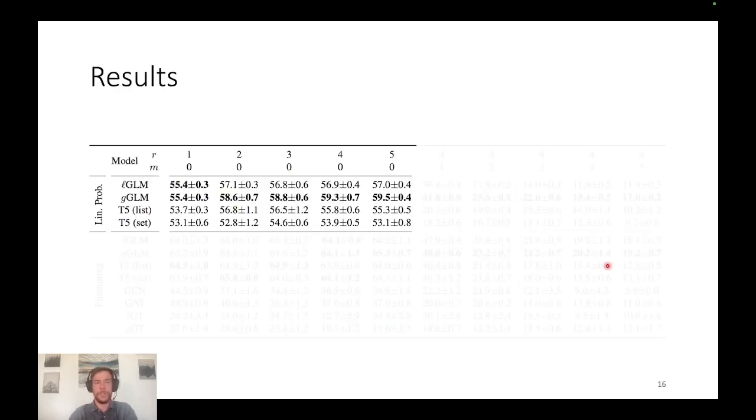And here are our results in the linear probing setting. So when we train only the classification head, here we have the graph language model and the language model baselines where we linearize the graphs. And we see that consistently the graph language model is the best, which of course is very promising, since if it works well even without any training, it shows that the parameters in T5 work well with the novel architecture.